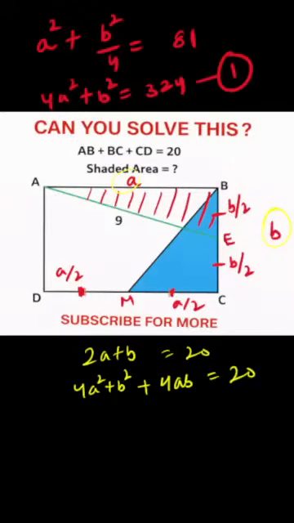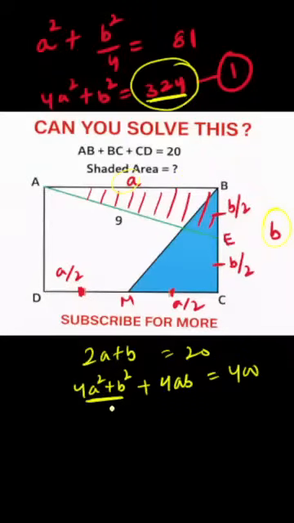I'm going to get 20 square, which is going to be 400, sorry. So this 4A square plus B square is already calculated, which is 324. I can substitute it here. If I substitute 324 here, I will take it to the other side. It will get subtracted from 400.